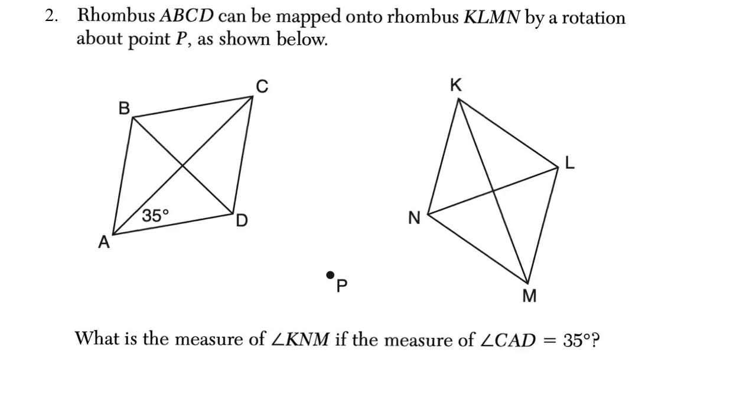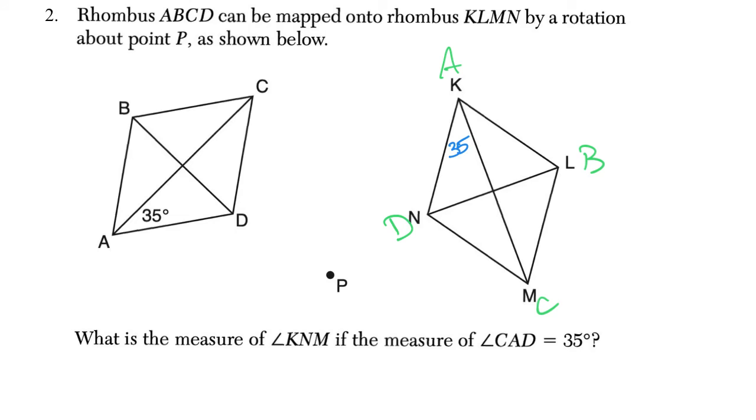So just going by the names of the letters, I know that A corresponds to K. I know B corresponds to L, so on and so forth. So I'm just going to label these guys. A goes there, B, C, and D. And from there, I can also transfer the 35 degrees over. 35 degrees goes right there.